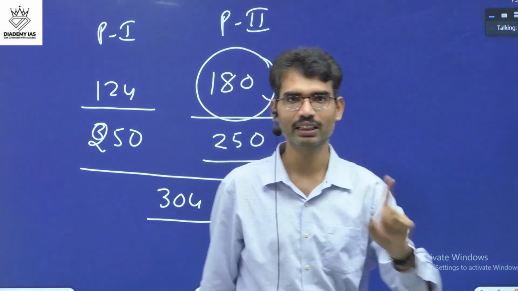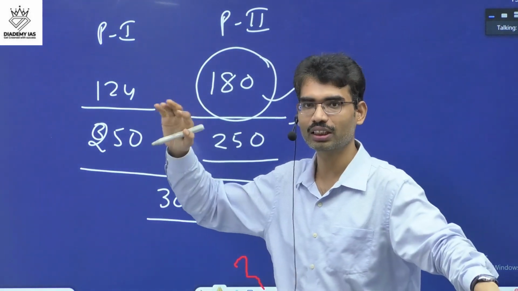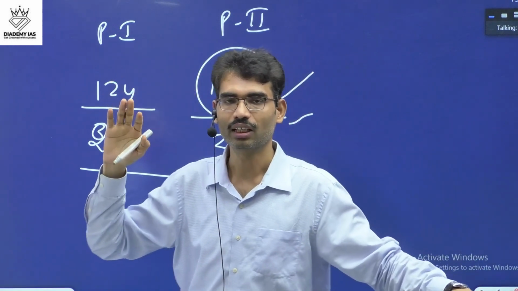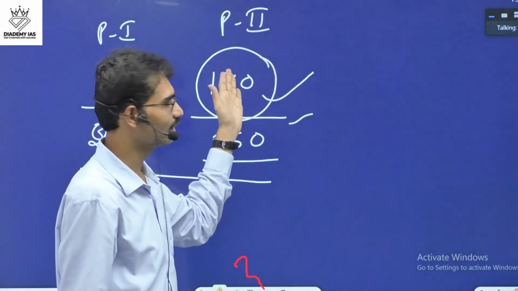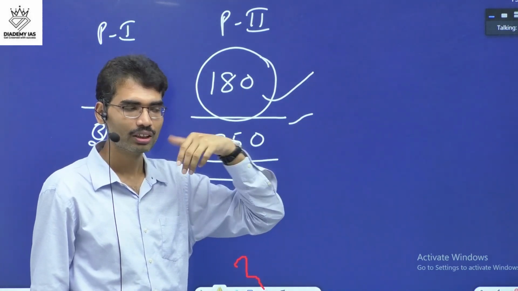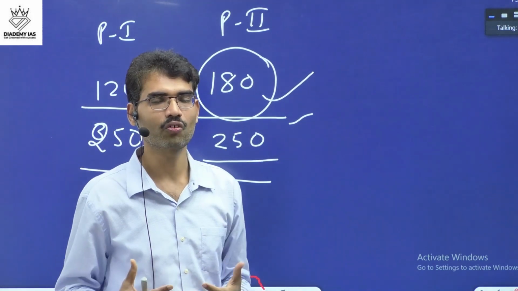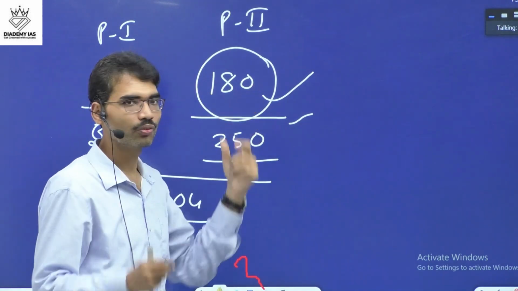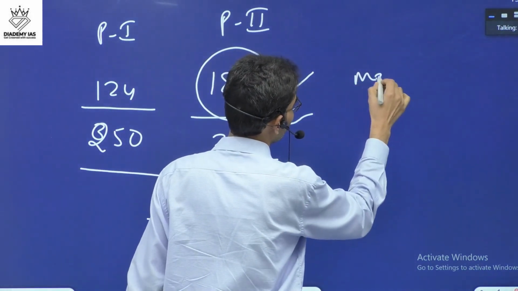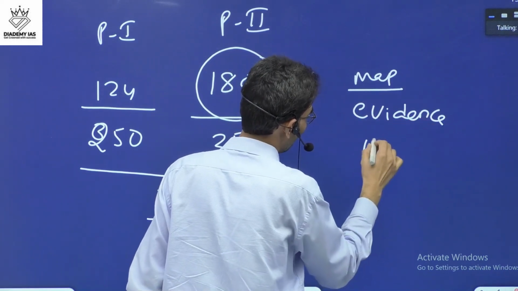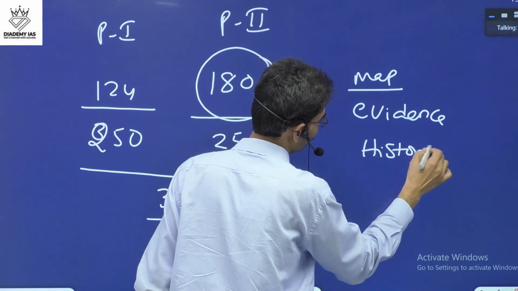So if someone says UPSC history optional is not scoring, that is a myth. If UPSC were not rewarding marks, no student would get this many marks. It's only that we have to give quality answers. When it comes to this part, we need to focus on maps, evidence and historiography.